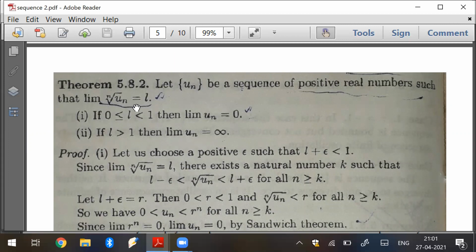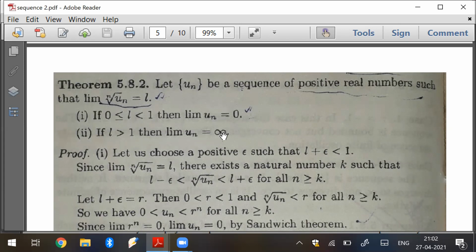And this new sequence is converging towards L. Again, depending on the nature of this L, the same sort of division is here. Obviously, because it is a positive number, L is greater than or equal to 0. If L is less than 1, then u_n goes to 0. And if L is greater than 1, then u_n goes to infinity. That means it is not convergent, sorry, it is properly divergent.